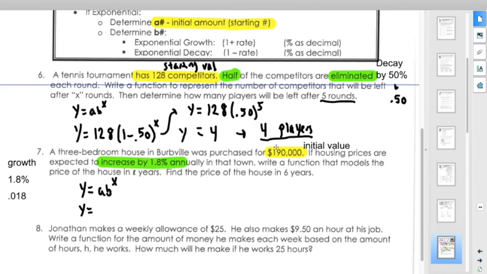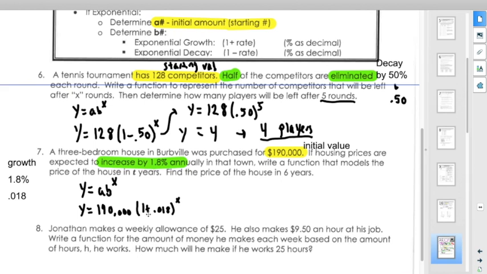I know my A is going to be 190,000. My B, 0.018. Well, since it's a growth, I'm following this now. It's going to be 1 plus 0.018 to the x power.